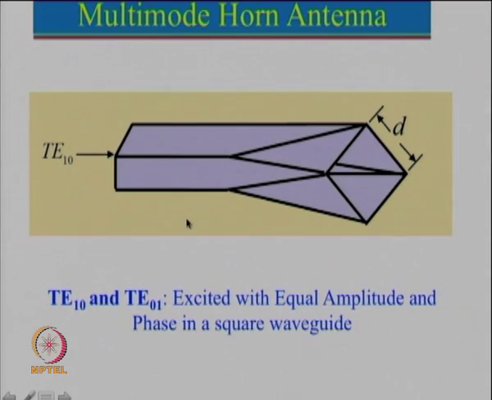In fact, the proposed configuration which I had mentioned, using a microstrip antenna, is fantastic. You can use a square microstrip antenna with two orthogonal feeds, which will excite the 10 mode as well as the 01 mode, and then we can use a waveguide. A microstrip antenna will be a very good solution in this case, utilizing the advantages of the microstrip antenna as well as the horn antenna.